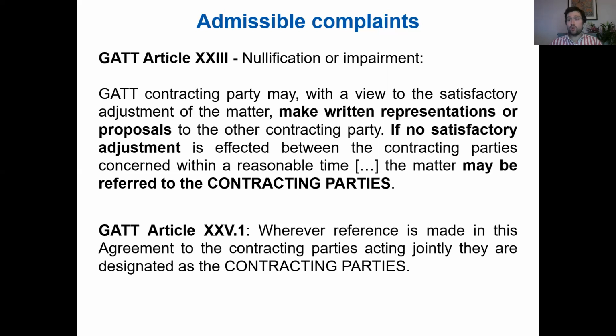That's what we would now call the contracting parties in capital letters. That is the dispute settlement body actually, and the dispute settlement body acting under its rules will take all the necessary steps to resolve the dispute. So what could be the ground for these written representations or proposals?